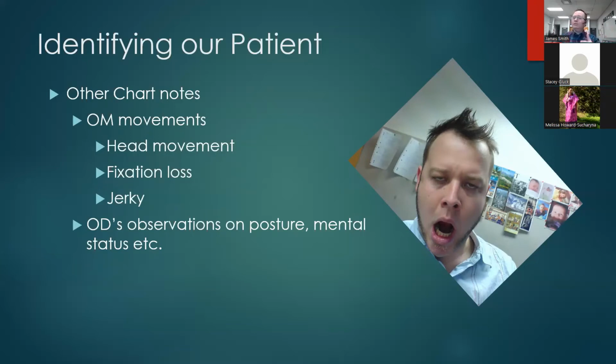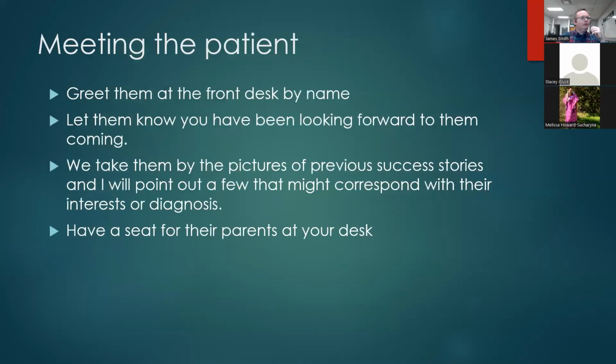Or if patient was detached, patient was silent, patient didn't want to talk, patient didn't communicate, I need to know that, because that's probably how they're going to do therapy. Okay, so those observation notes kind of prepare me for what type of patient I'm going to have, so that I know how to prepare to either engage them, or how to bring them down, or how to bring them out.